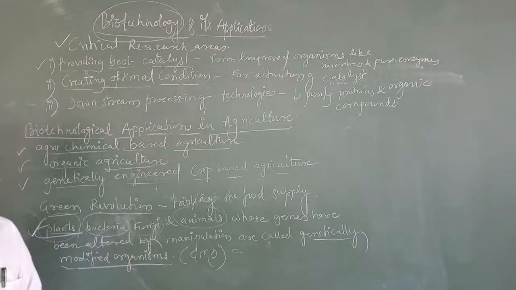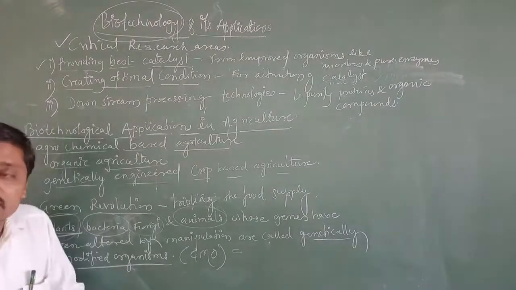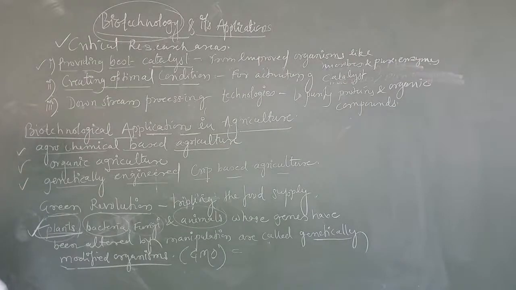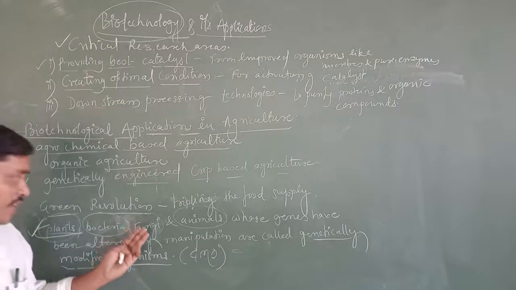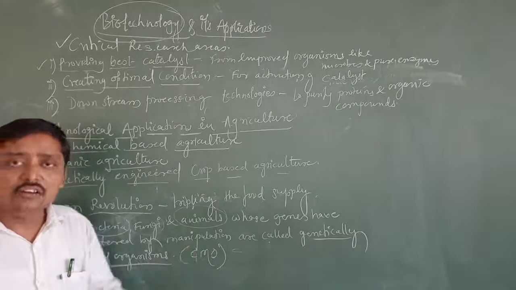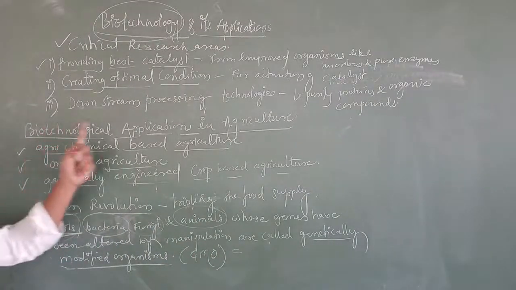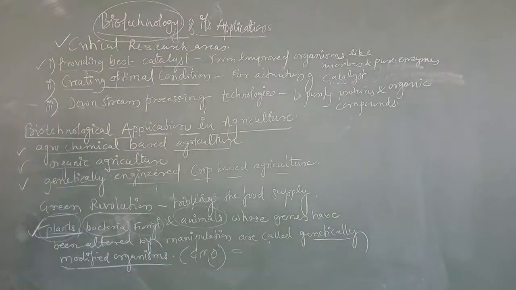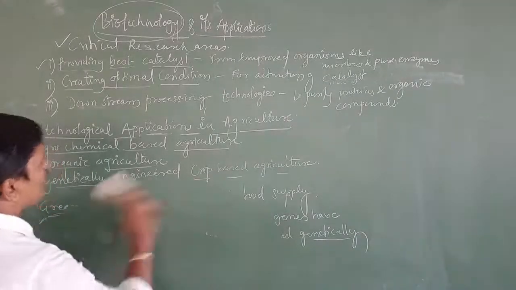Once again for your clarification, they may be genetically modified plants, bacteria, fungi, animals, and so on. Now we are discussing the biotechnology application in agriculture, so we are going to discuss the features of genetically modified plants.